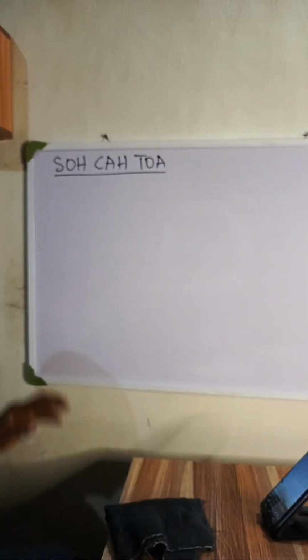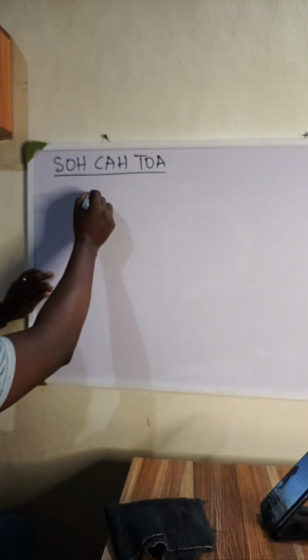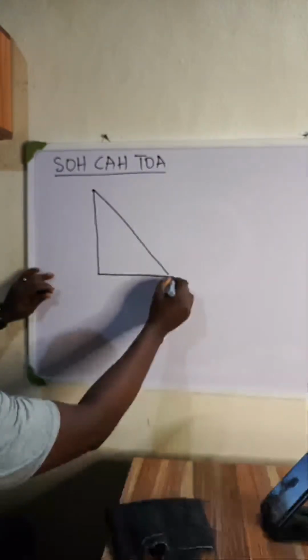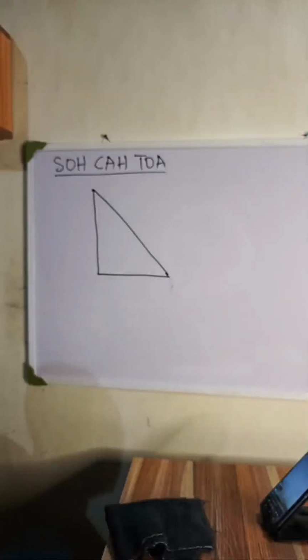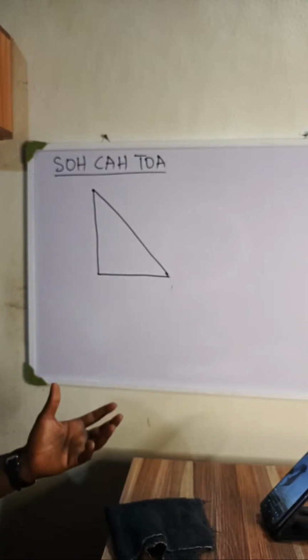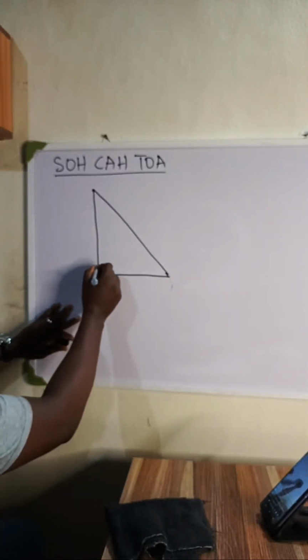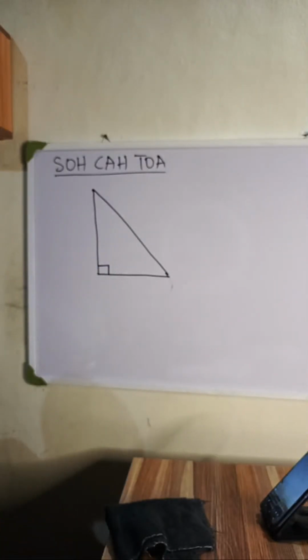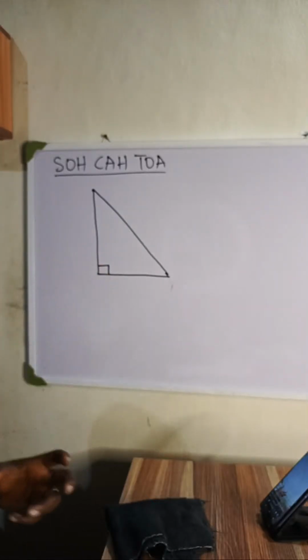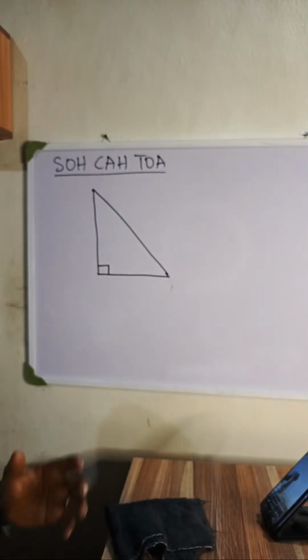Okay, so let's draw a right angle triangle. So this is a triangle. Is this a right angle triangle? We don't know yet until we do this angle. So this sign shows that this is 90 degrees, and a right angle triangle is a triangle that has one of its angles equal to 90 degrees.